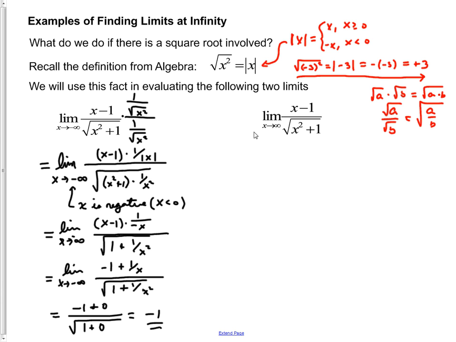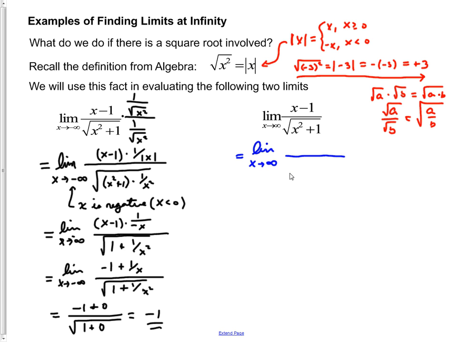Now that we know the trick right here, we multiply in the numerator and denominator by the same type of quantity. That is 1 over the square root of x squared, which is essentially the highest power of the denominator. So by doing that, let's see what happens.